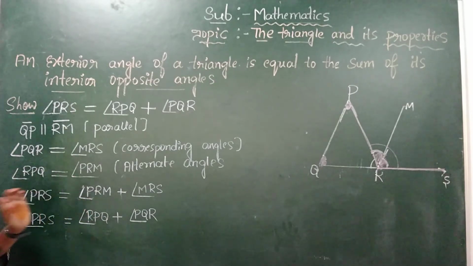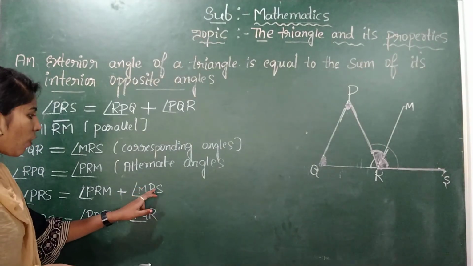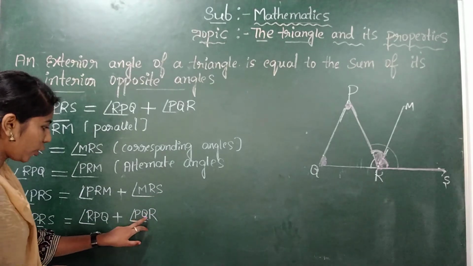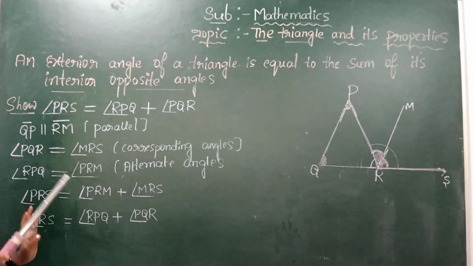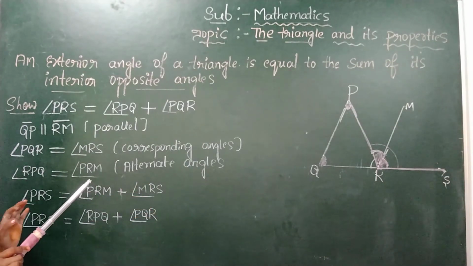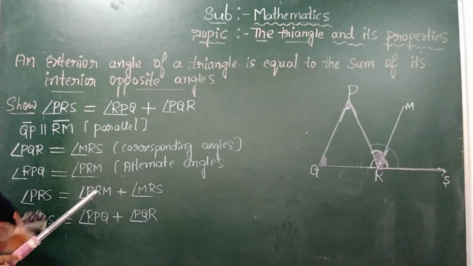Then I will replace angle MRS by PQR, because these two are corresponding angles.